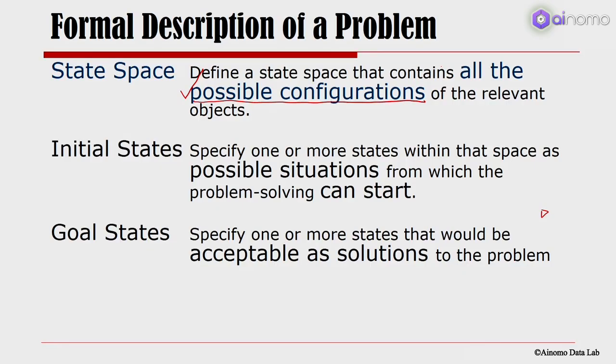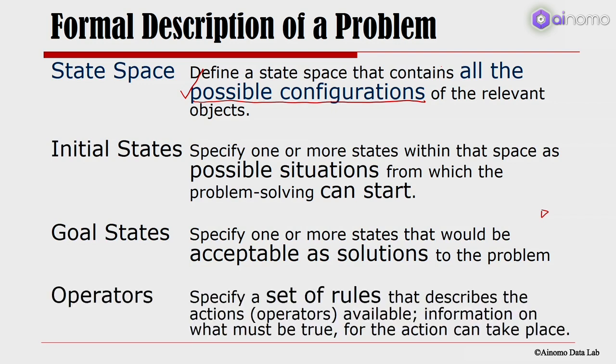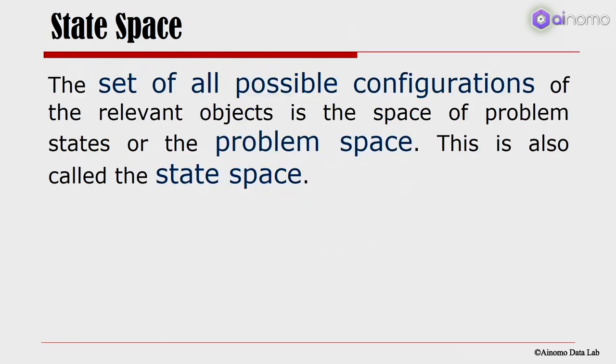And then we define something called a goal state, one or more states that would be acceptable as solutions to the problem. And of course, we need to specify the operators, a set of rules that describes the actions or operations available. The state space is what is vital for formulating a problem-solving domain as state space search.